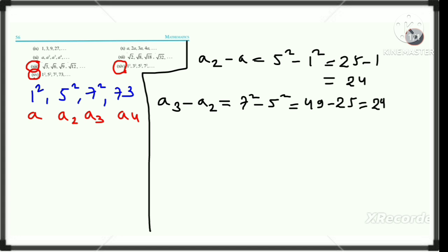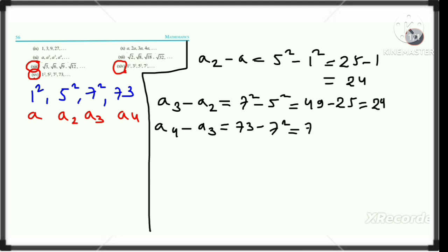Now the difference between a4 and a3. a4 equal to, we have 73, minus a3 equal to, we have 7 square.